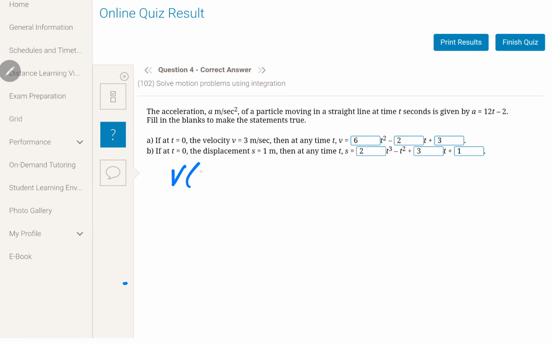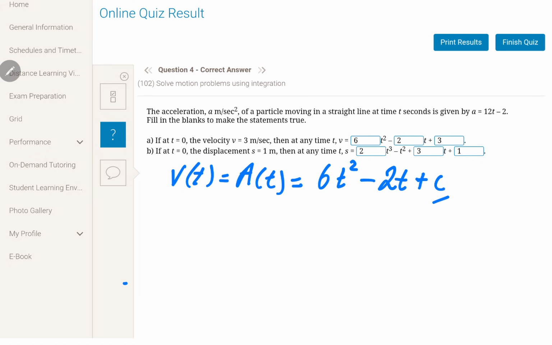So v of t is equal to the integral, or let's write it capital A of t because it's the same thing. 12t squared over 2, so 6t squared directly. Remember, I'm integrating this: add 1 to the power of t, it becomes the power of 2. Divide 12 by 2, 6. 6t squared minus 2t.